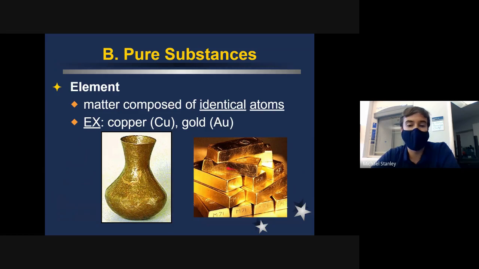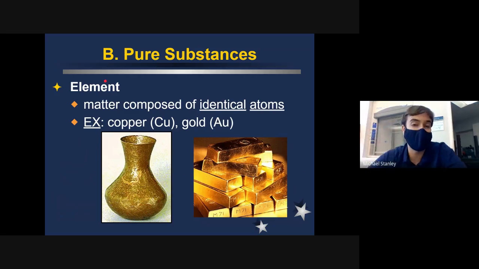Same thing with this gold bar over here. So gold, which has a chemical symbol of Au, it's one of those weird ones. Every single atom in these gold bars is a gold atom. Again, there's no nickel or iron or aluminum mixed in. It's 100% totally pure gold. So that's what makes it just a single element.